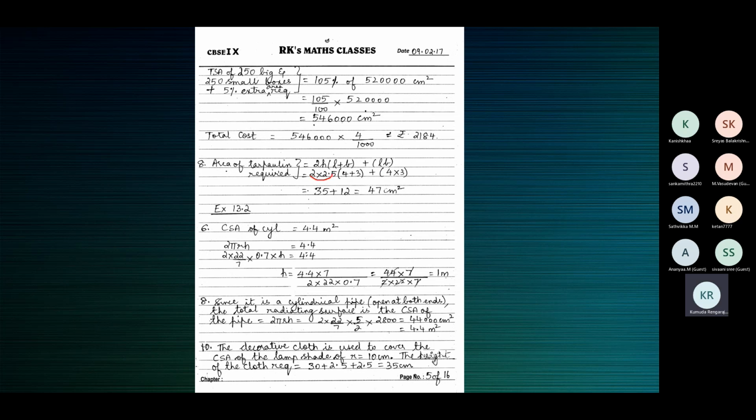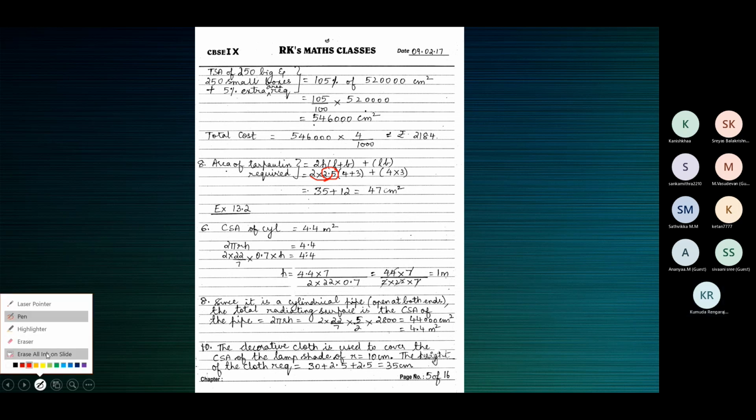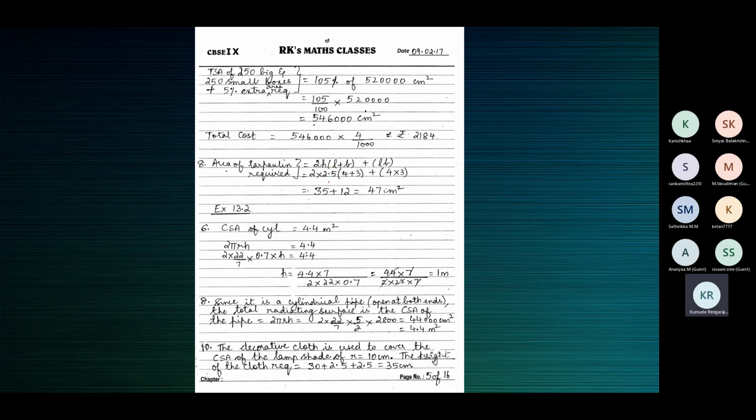Here we go wrong sometimes. If you substitute this value incorrectly, your answer will go wrong. When it is L plus B, it's okay. This value is the height, 2h. That last number is the height. 2h(L + B) + LB. So 47 centimeters square.